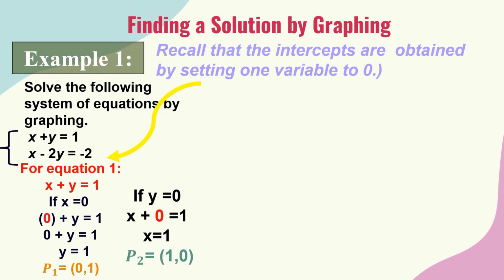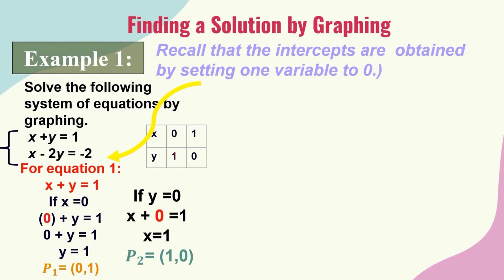Using the same equation, x plus y is equal to 1, let y be equal to 0. When y is equal to 0, x plus 0 equals 1. Therefore, the value of x is 1. Our second point for the first equation is (1, 0).